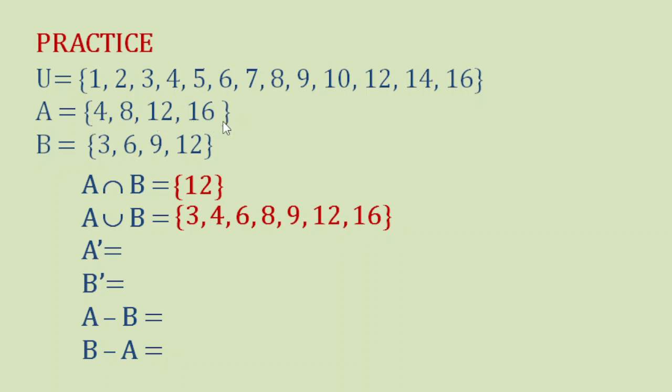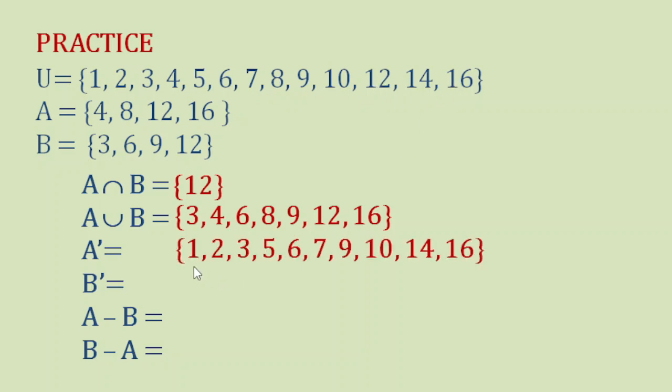These are the elements of A. We are going to remove these elements from U. So 4, 8, 12, 16. So A prime elements are 1, 2, 3, 5, 6, 7, 9, 10, 14, and 16.